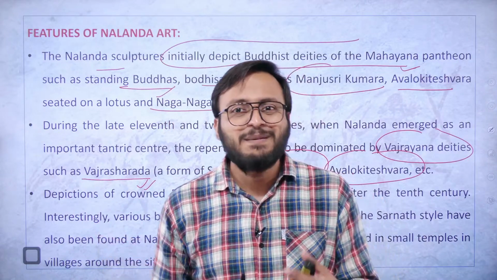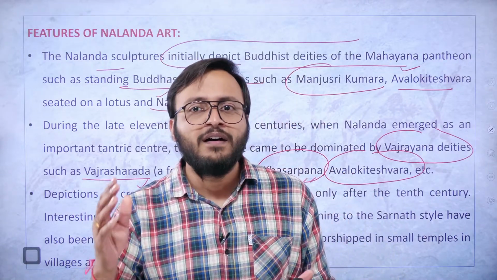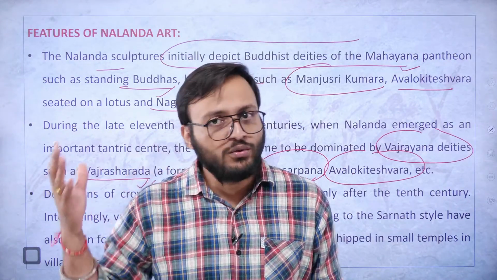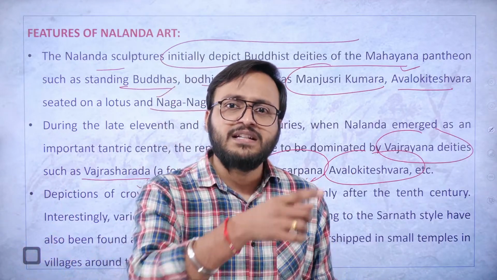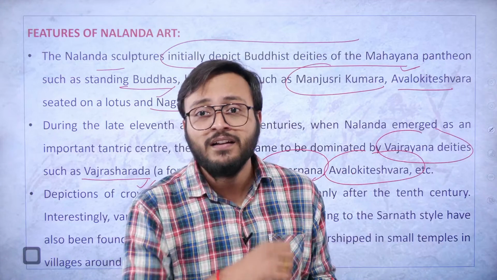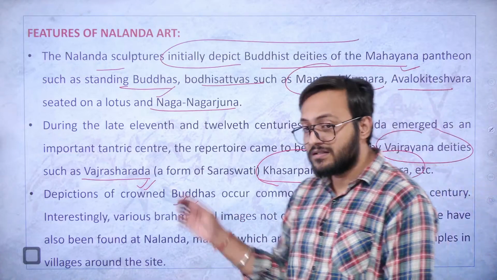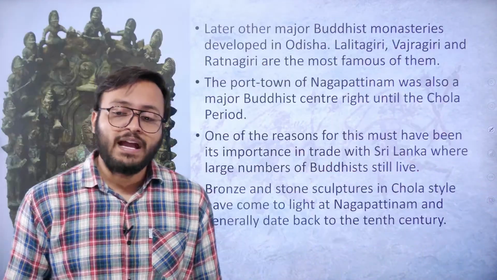Vajra Sharda is basically the fierce form of goddess Saraswati, who is regarded as a goddess of the knowledge in Hindu tradition, as well as Vajra Sharda is regarded as the goddess of knowledge in the Vajrayan tradition. All these sculptures became the common depictions in the Nalanda style, and this is why, my dear, some of the earliest Tibetan Buddhist scholars or some of the earliest Tibetan lamas or the head of the Vajrayan monasteries in Tibet, they were the disciples of the Nalanda school or Vikramshila school of Buddhist learning.